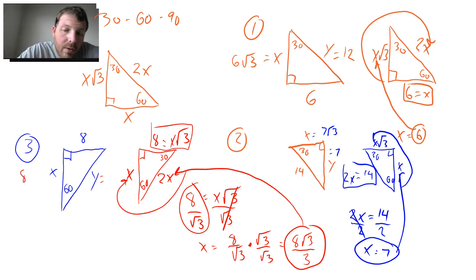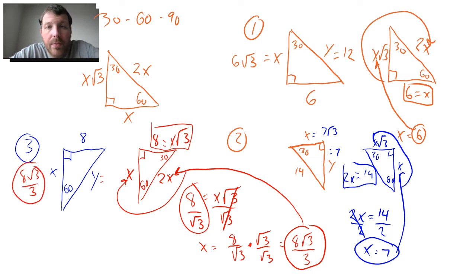So I know that 8 square root of 3 over 3 is going to be the same as this variable right here. But this one over here, if you look, I have to multiply it by 2. Okay? So that's the same thing as doing 2 times 8 square root of 3 over 3. And anytime you multiply something like that, you may be like, I don't know what I'm doing here.